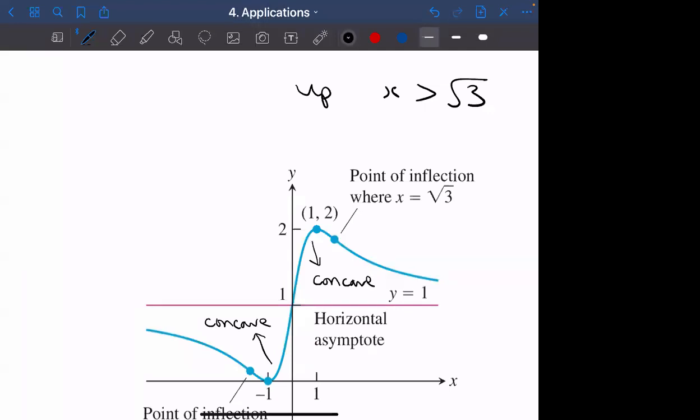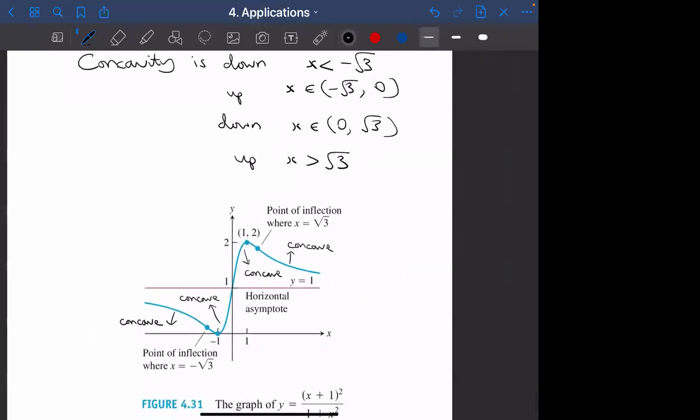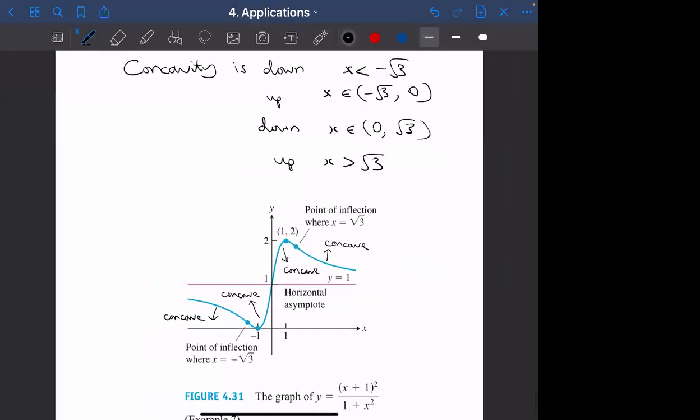And you can see the point of inflection where it changes from concave down to concave up here. So all of these features of the graph are shown by the derivatives.